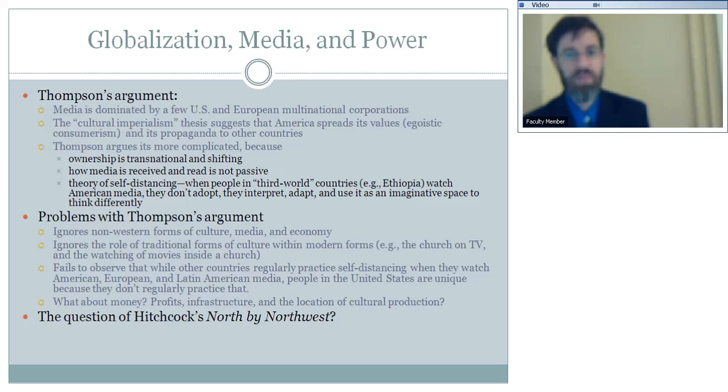So he says when people in third world countries like Ethiopia watch American media, they don't just adopt. They don't just watch what happens in American media and say, yeah, that's what we should do. Rather, they interpret, they adapt, and they use it as an imaginative space to think differently.